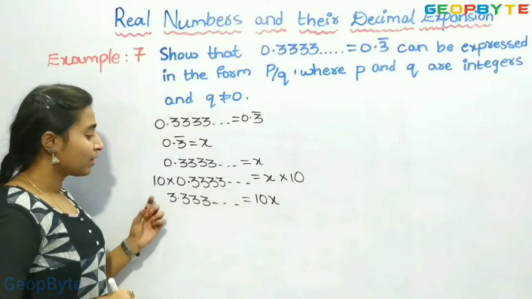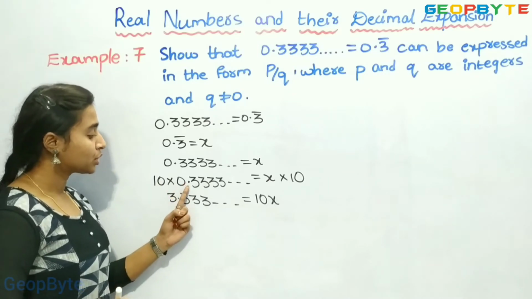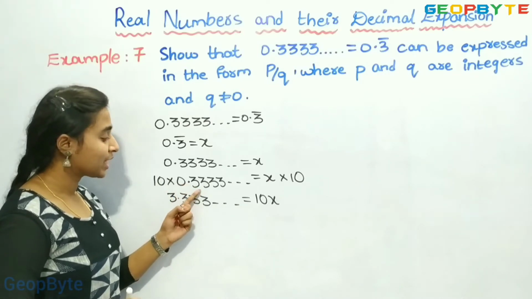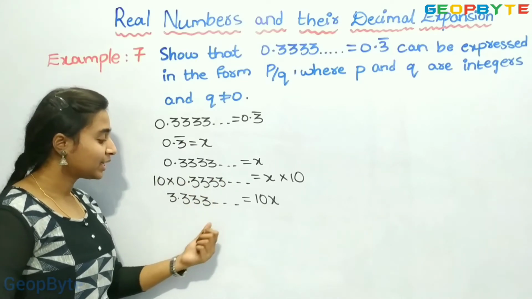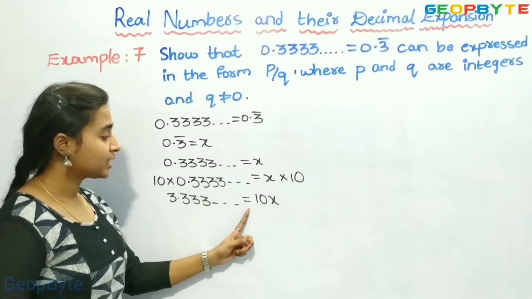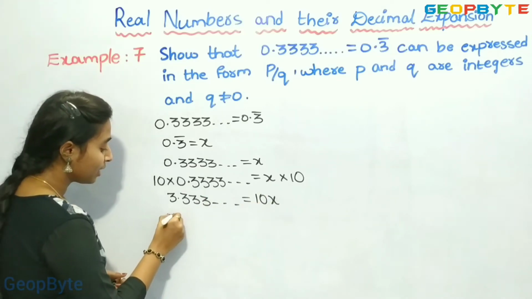Now, see, if we multiply with 10, we have only one 0. So, the point moves one step towards the right. So, it became 3.333 and so on is equal to 10x.